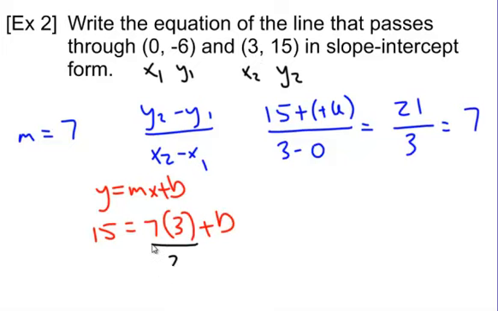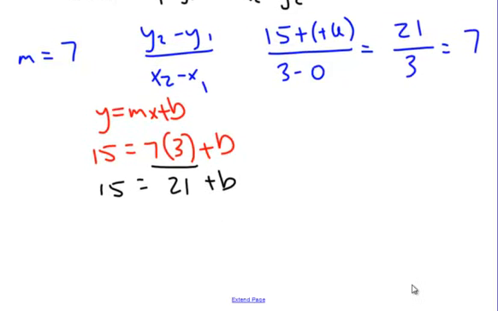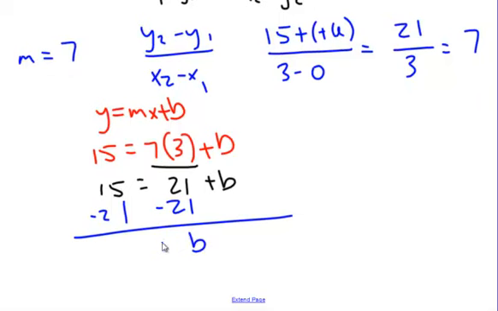So this is 21. This just stays 15, right? Plus b. Now I need to actually solve for b. So it's a positive 21. I need to get the b alone. So I'm going to subtract 21. And keep change opposite would be 15 plus -21, which is -6. So b is actually -6.